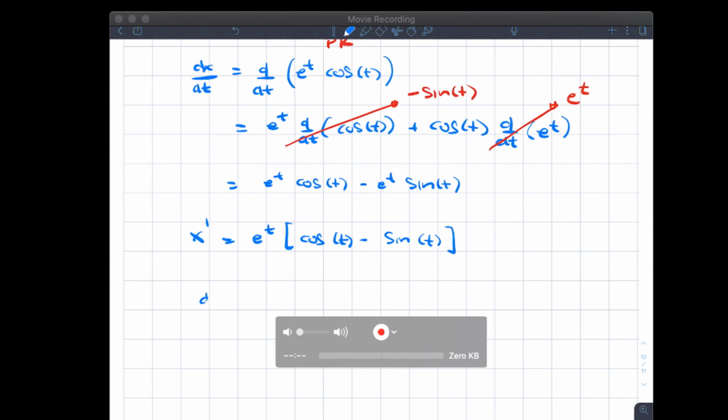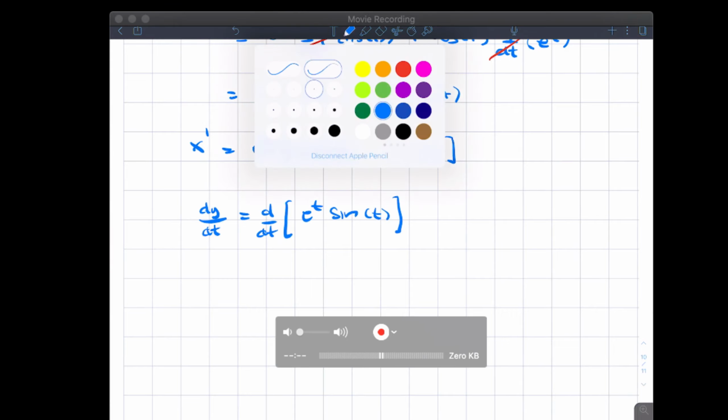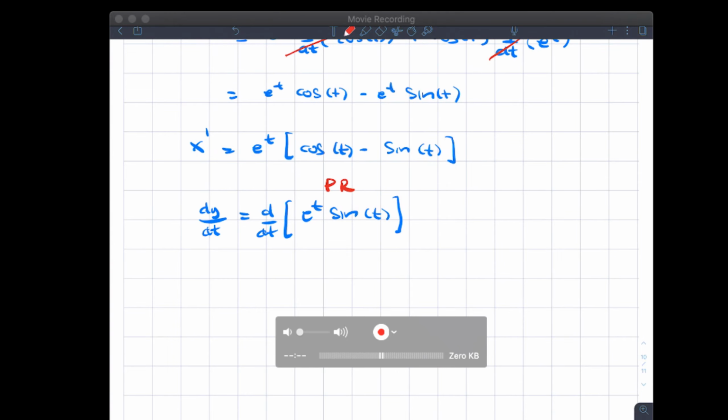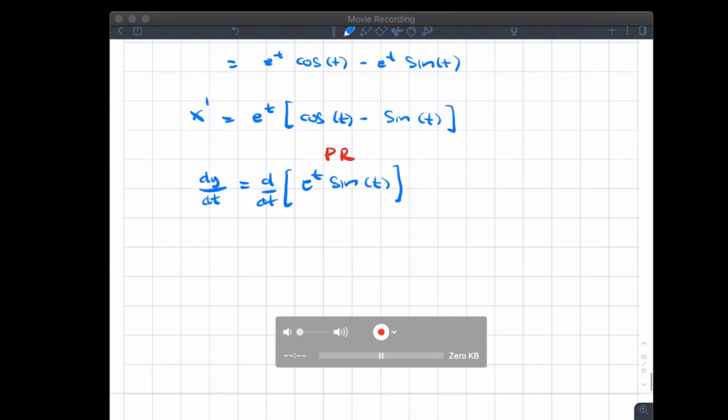So this is how we start. We need dy dt, which is d dt, and you get e to the t now of sine t. Again, we're going to use here what? Product rule. And you pull out e to the t, the derivative of sine, plus sine derivative of e.